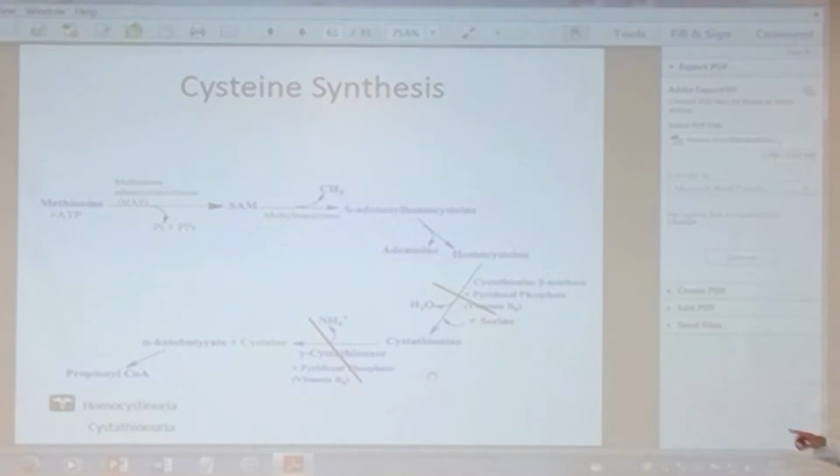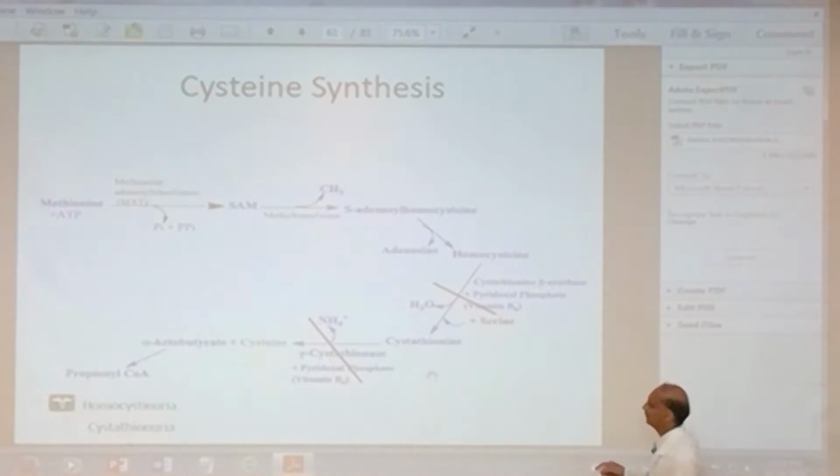Cysteine synthesis, methionine is the precursor, and eventually you form cysteine. There are two clinical conditions that we looked at. Cystathionine beta synthase, and cystathionine gamma lyase or cystathionase. These two steps are important.